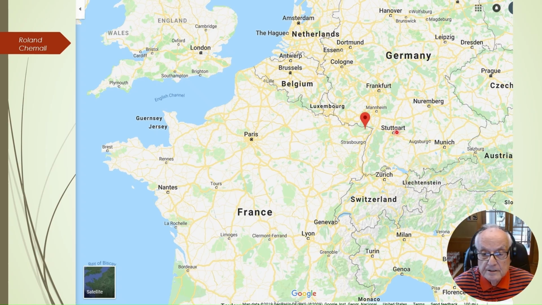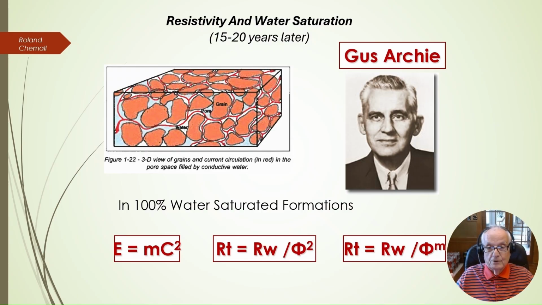You can see Stuttgart, you can see Strasbourg, and you can see Frankfurt, and Paris is here. So it is located in the heart of Europe, but it is very important historically because this is where the first log was a resistivity log. The first log was a resistivity log.